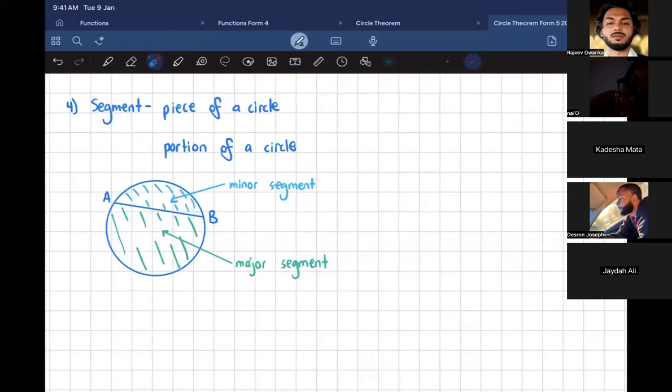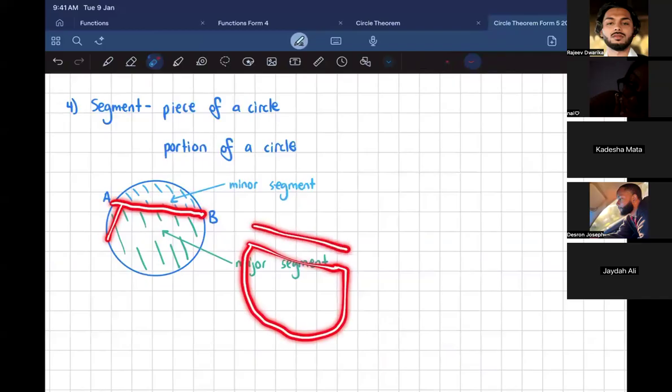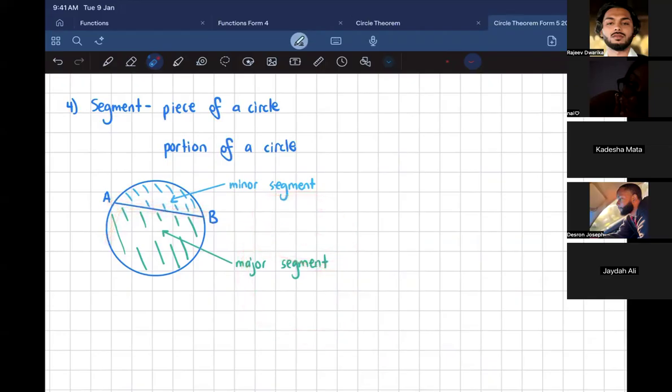So, Kadisha, you understand that if I cut the circle here, now I'm dividing the circle. This whole part over here and this part over here, those things are the segments. Like the portions. So it separates. That's it. Okay.